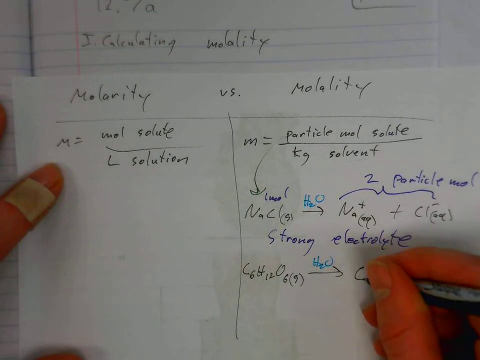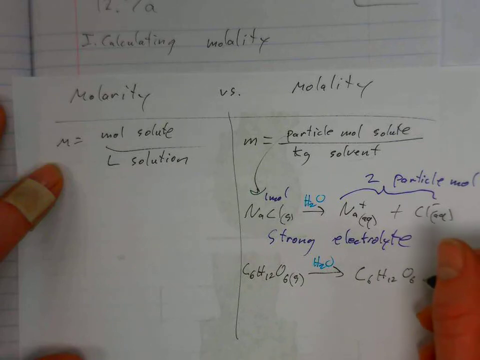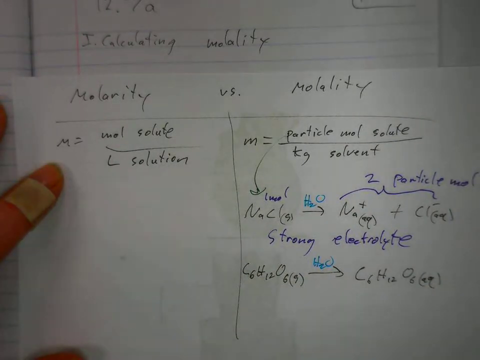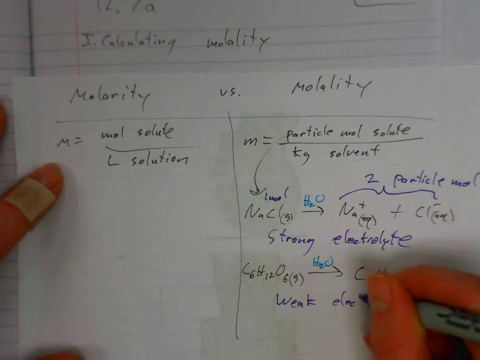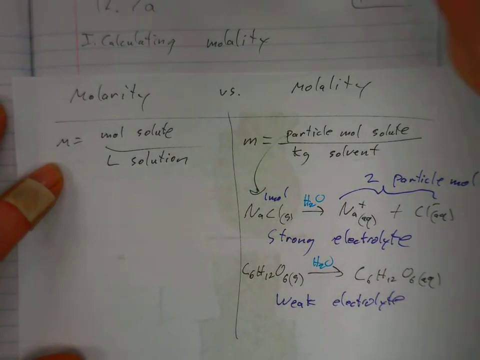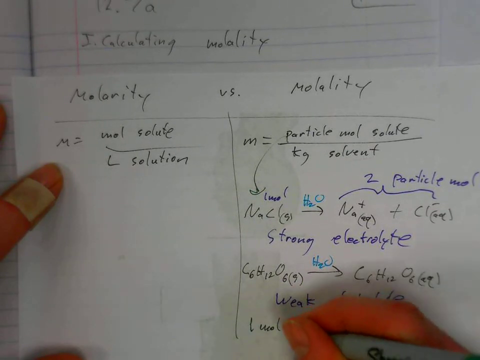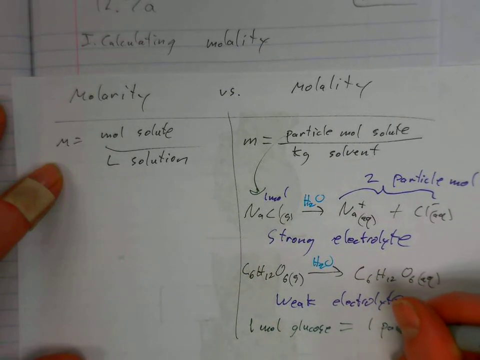So in this case, 1 mole of glucose is also 1 particle mole. So this is going to factor in when we calculate molality.